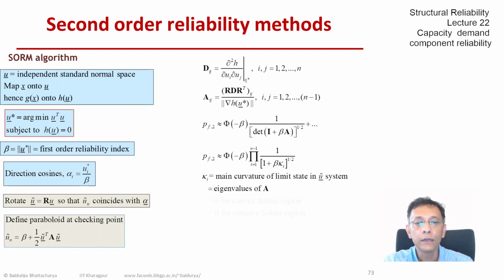We end up with the principal curvatures of that paraboloid which we fit in the u tilde system if we know the eigenvalues of the matrix A. And the curvature is positive for convex failure region because we need to reduce the failure probability, so the denominator has to be more than 1 if PF2 has to be less than phi of minus beta, and kappa has to be negative if we have a concave failure region, in which case we need to increase the failure probability obtained by FORM.